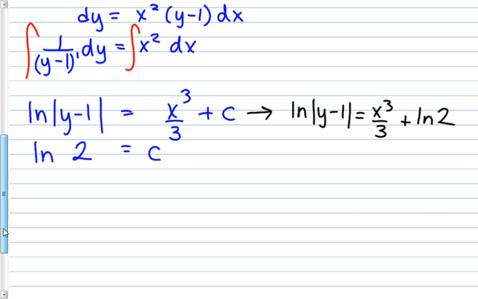Okay, so the natural log of 2 is positive. That's why I'm not worried about the absolute value symbols anymore. So I've got to get the y minus 1 by itself, or the y anyway. And the way to get rid of a natural log is to use e, the exponential function.